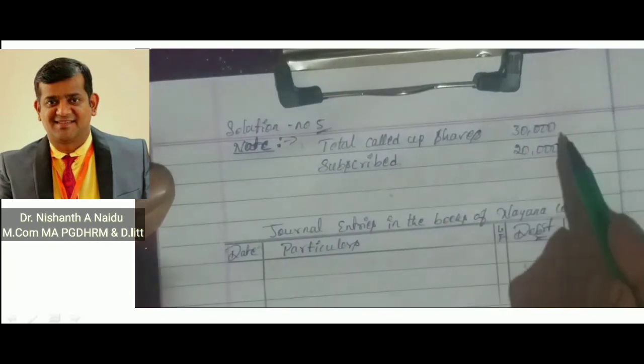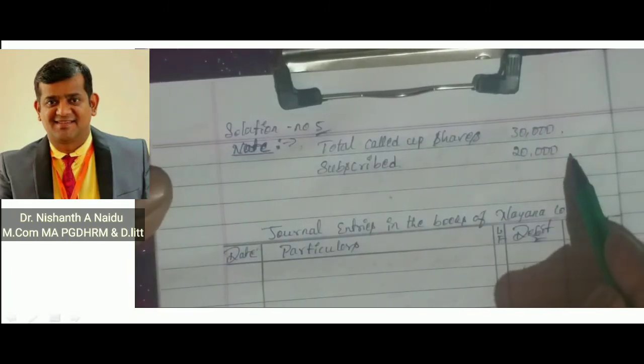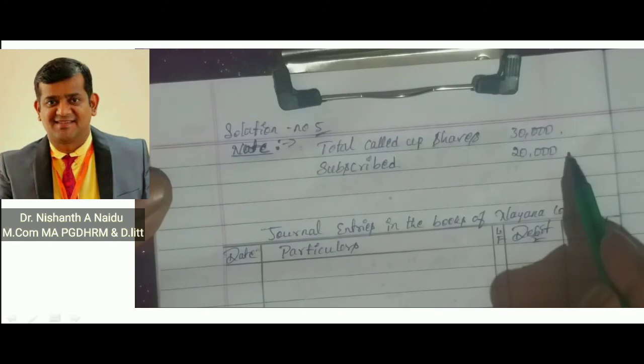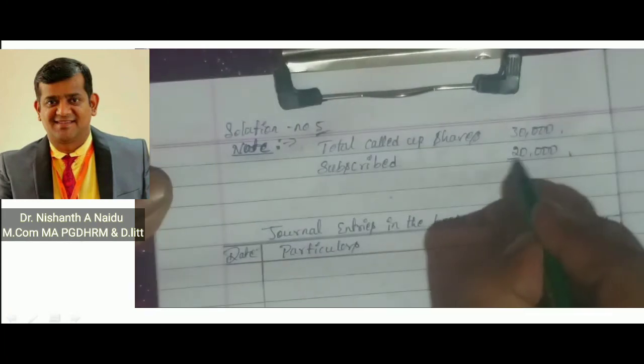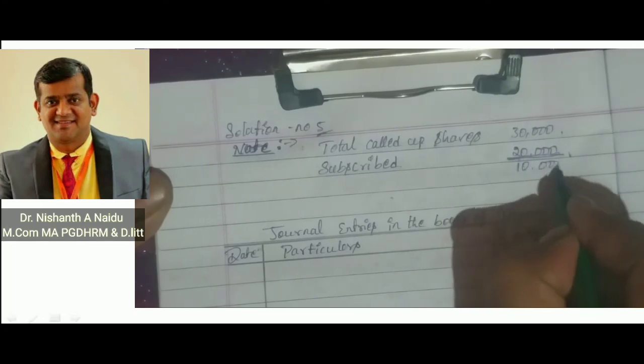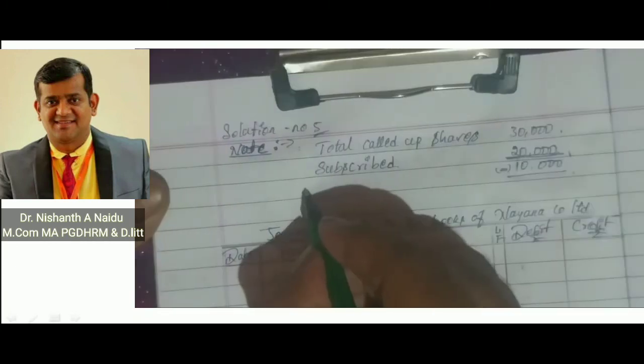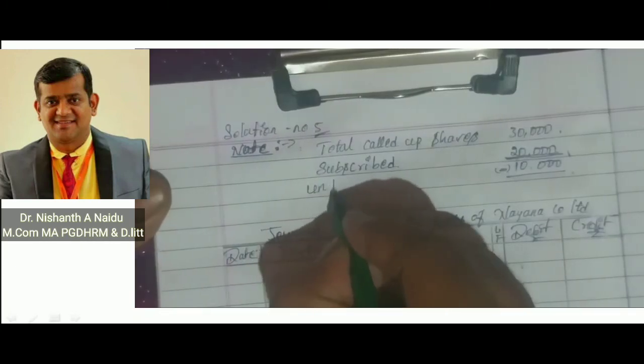So here the company offered 30,000 shares and the public subscribed for only 20,000 shares, correct? So there is a shortfall, excess shares have been offered by the company, or you can take it that the public has subscribed less. So we call this under subscription.